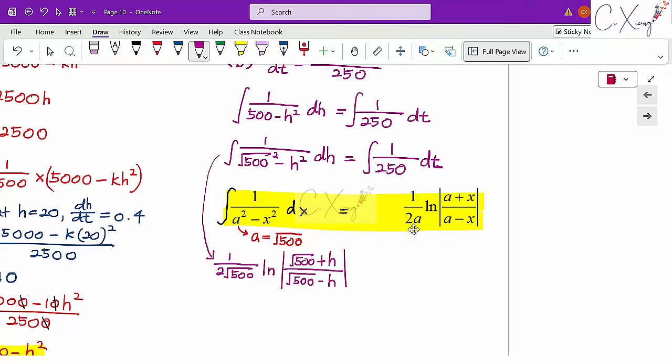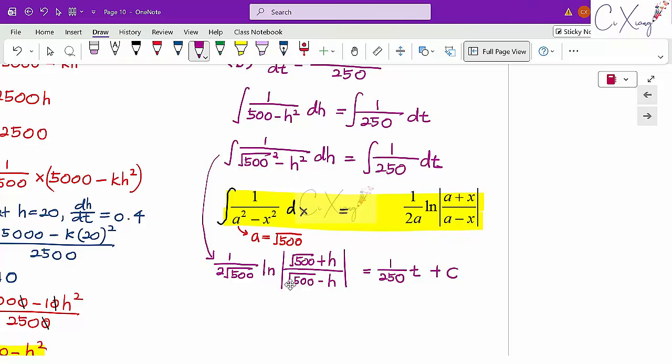This is the answer for the left hand side. Then it equals the integral of 1 over 250, which is a constant, so you're having 1 over 50 t plus c at the back.